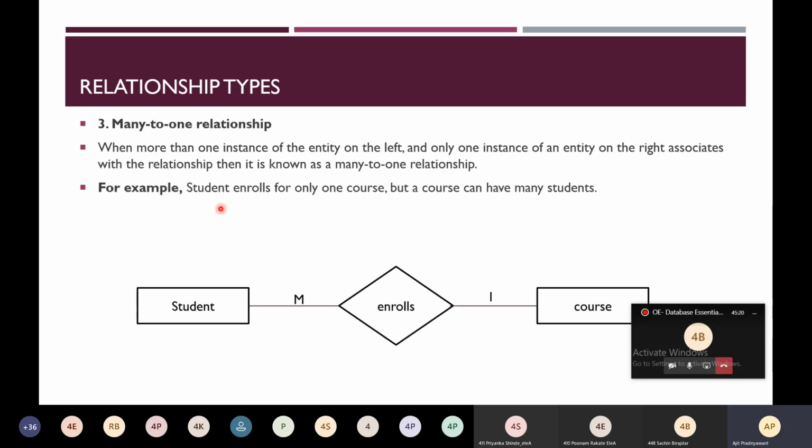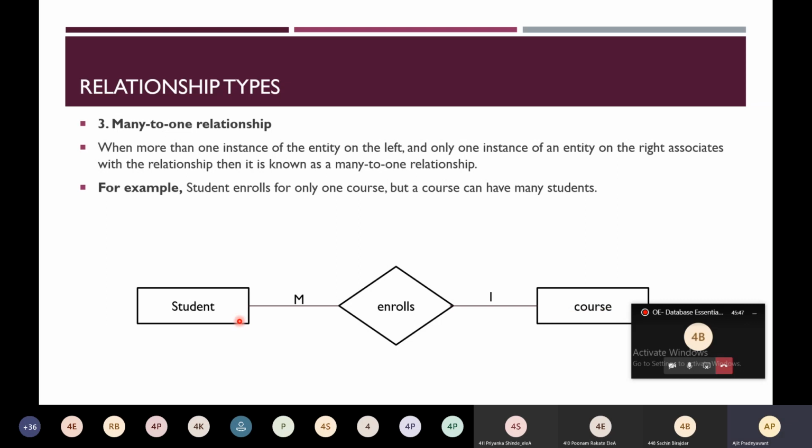For example, a student enrolls for one course, but a course can have many students. Here, a particular student or many students enroll for a particular course, one course. For the time being, consider that here it is only one course.